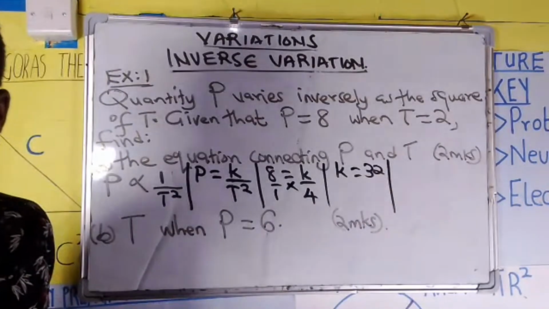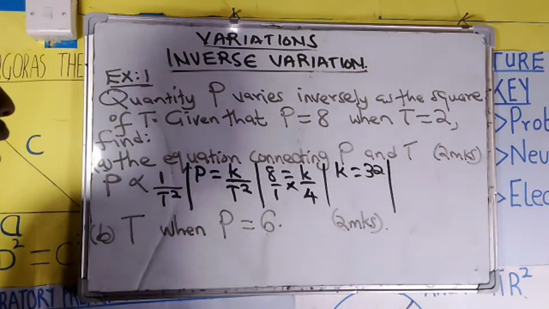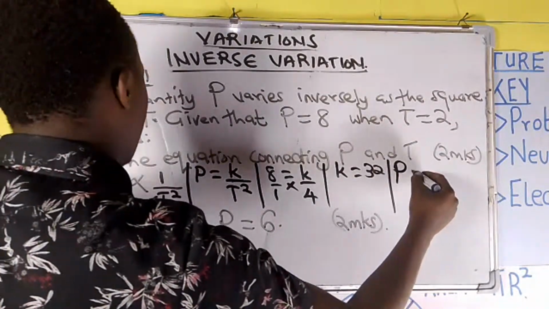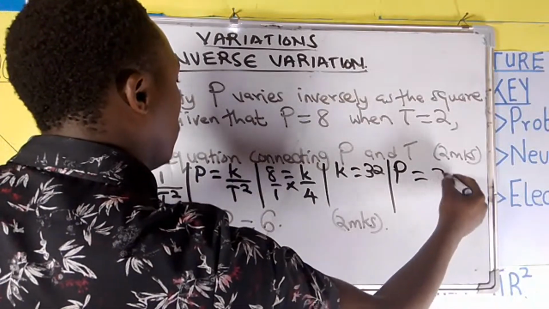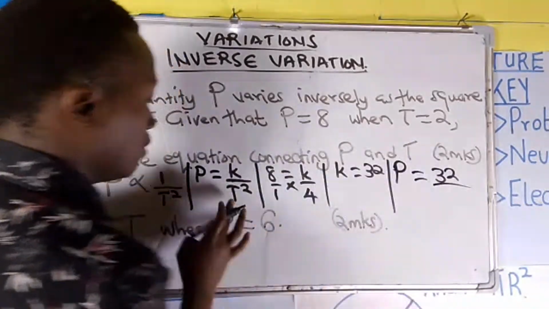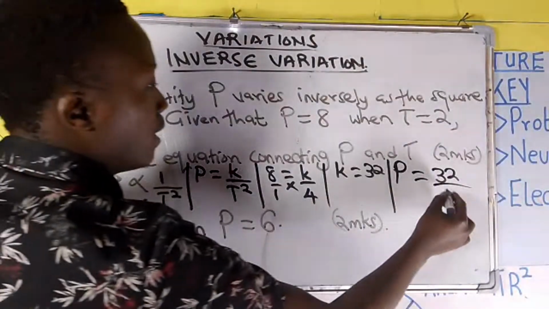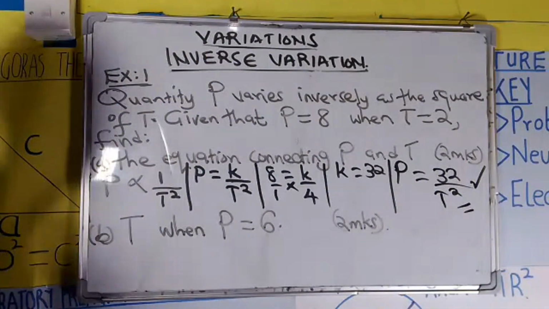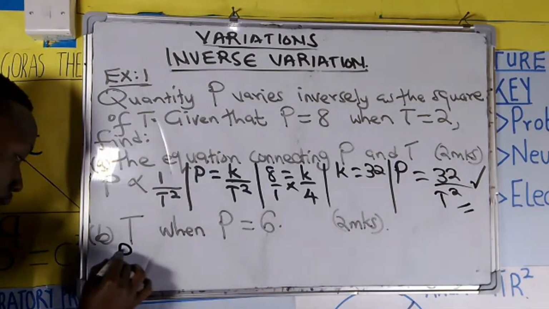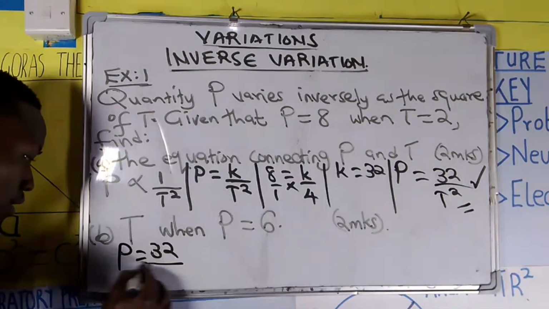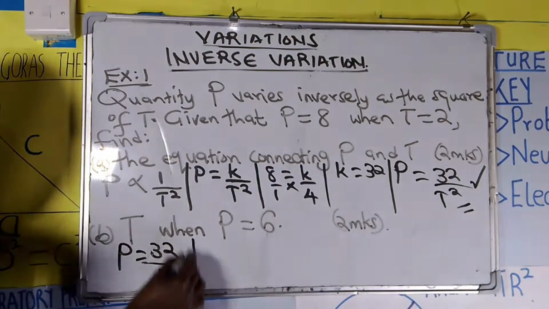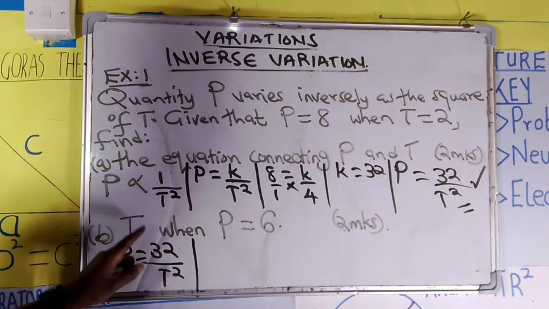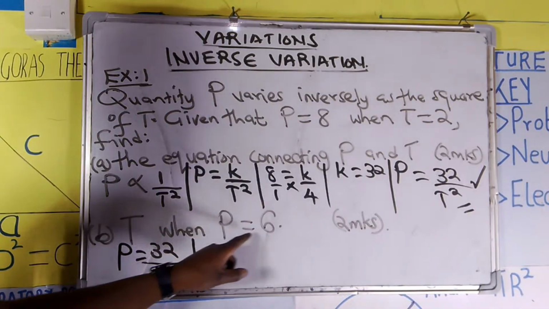Tukiwa tumepata K ni 32, the equation connecting P and T itakuwa P is equals to 32 over T squared. Na tumeambiwa tutafute T when P is 6.